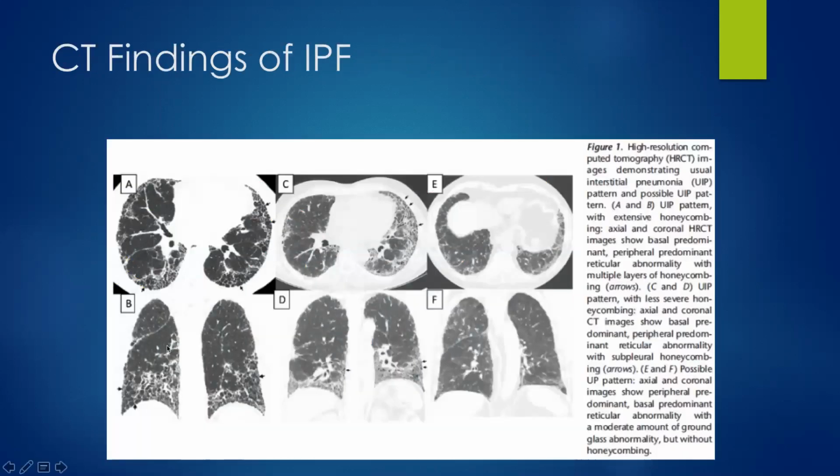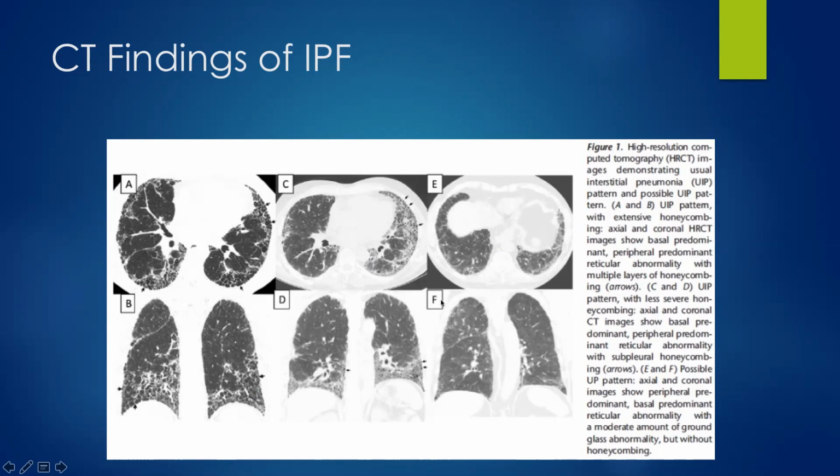So what is the pattern on CT? The classic for IPF is basilar honeycomb. You look down here, and the upper parts of the lung are pretty well spared. It's going to be peripheral and basilar. That's the honeycomb, these big cysts at the bottom of the chest, out in the periphery.